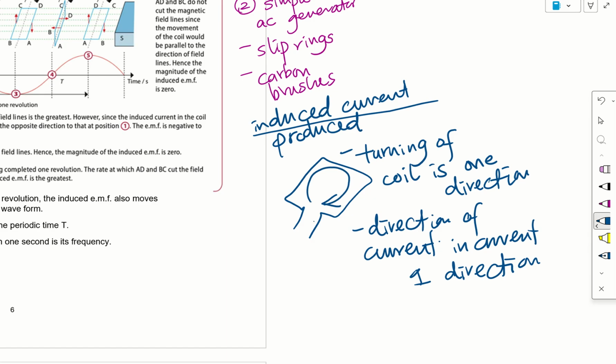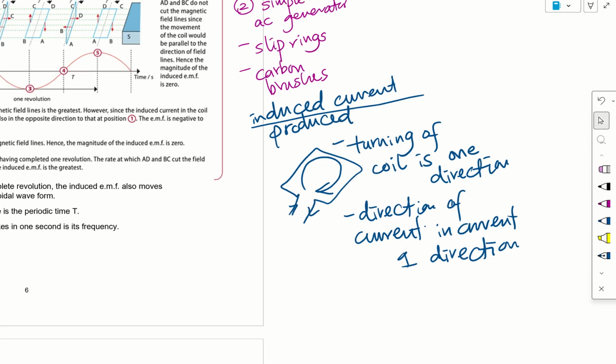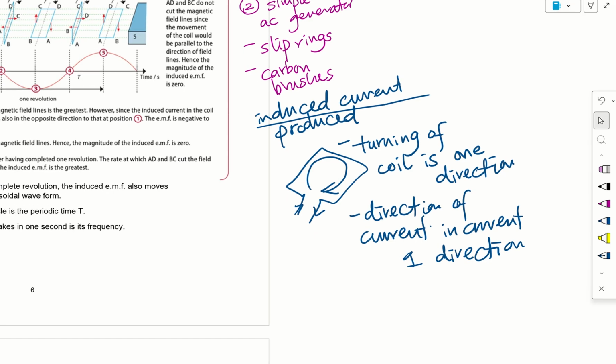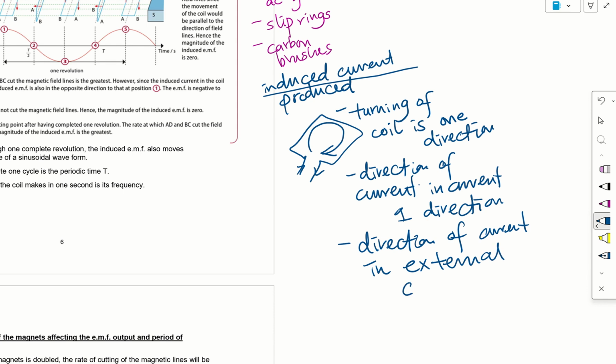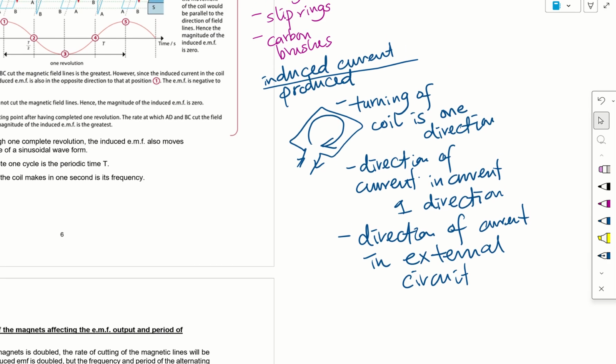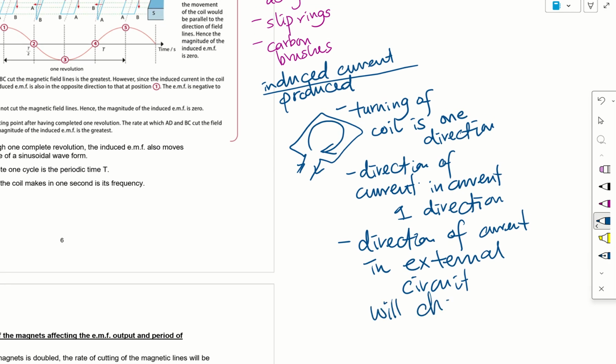But when it comes out, due to how the slip ring is connected, the direction of current in the external circuit will change every half a revolution of the coil.